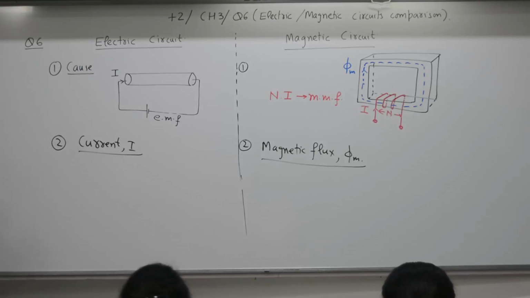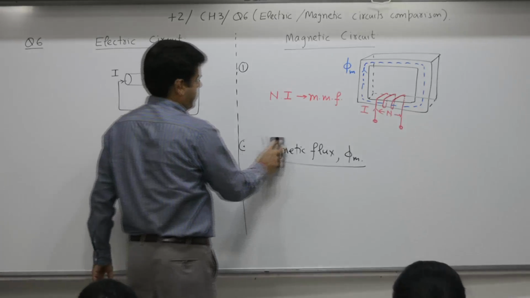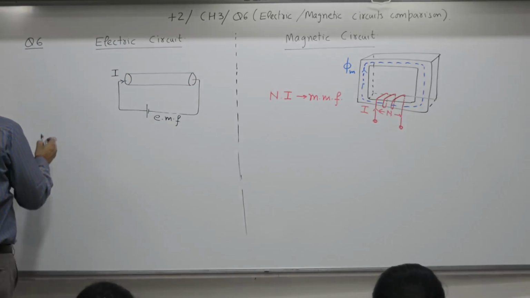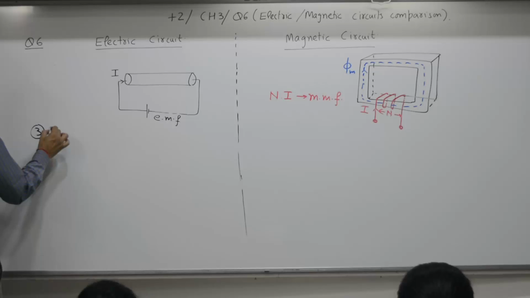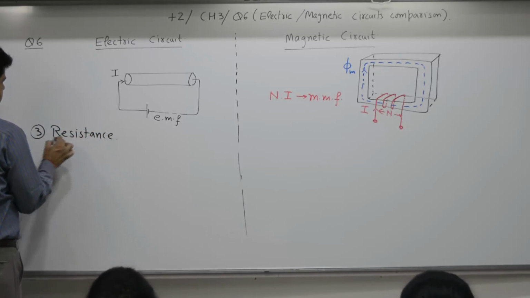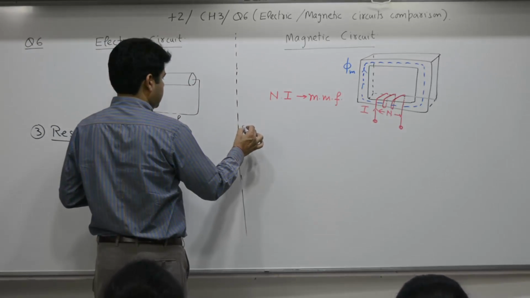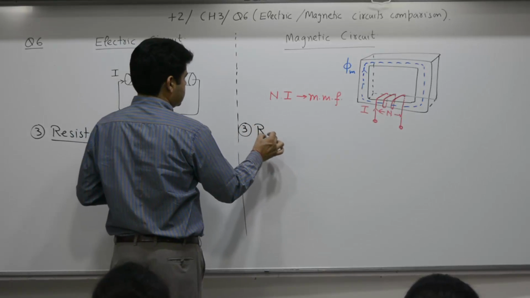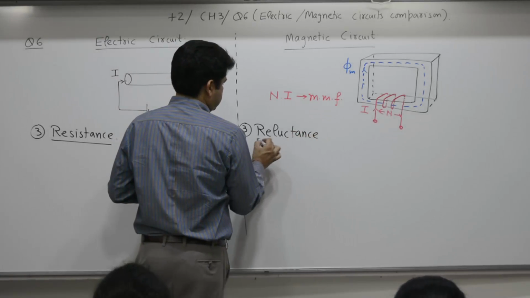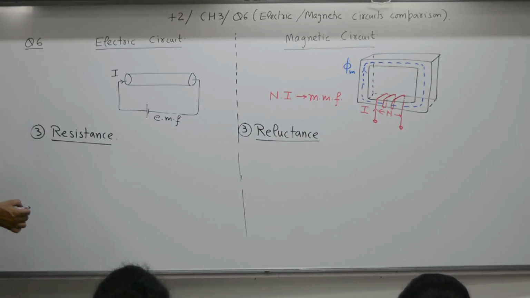Point number 3. Resistance. In an electrical circuit you have resistance. In a magnetic circuit the term used is reluctance. One is resistance, the other is reluctance.